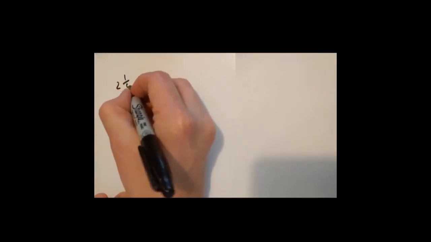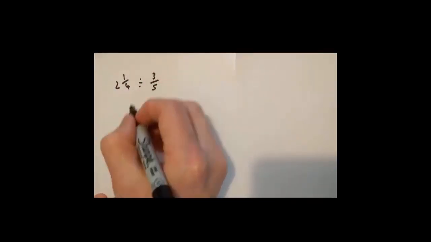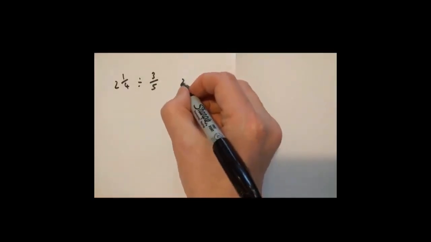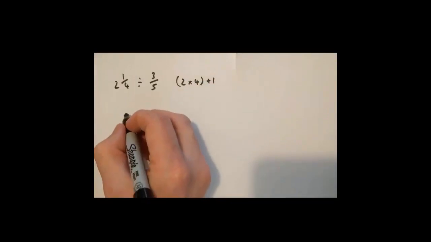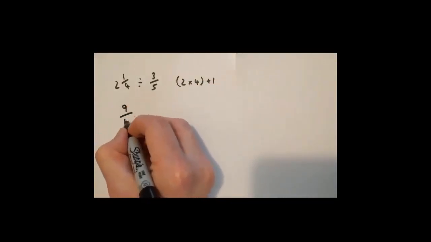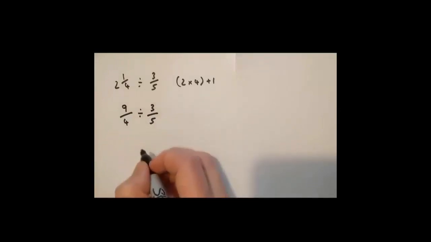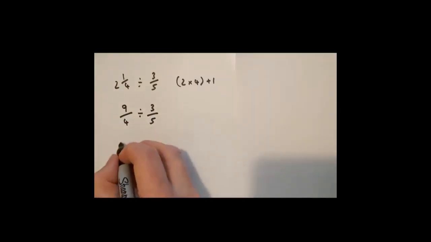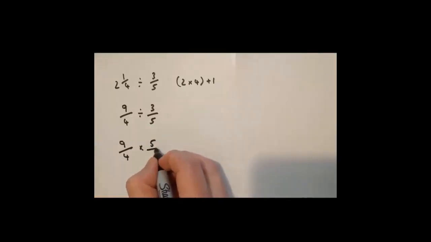In this question we have 2 1/4 divided by 3/5. Again we are going to need to change the mixed fraction into a fraction, so that's 2 multiplied by 4 plus 1, which gives us 9 over 4 divided by 3/5. We then need to change this to a multiplication question, so we switch the second fraction, so 9 over 4 multiplied by 5 over 3.